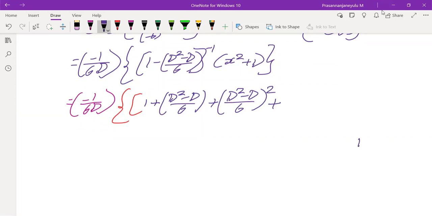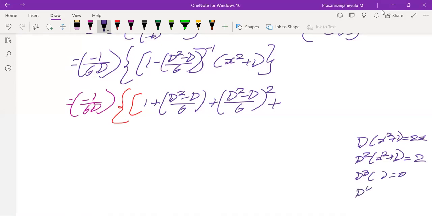So D of x square plus 1 is 2x. D square of x square plus 1 is 2. These are the values we require for the next steps of the problem. D cube value is 0, D power 4 value is 0, and so on.